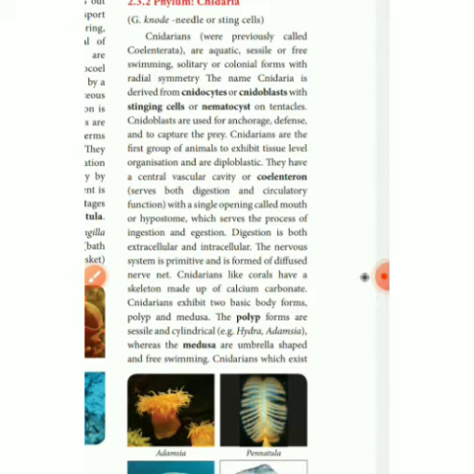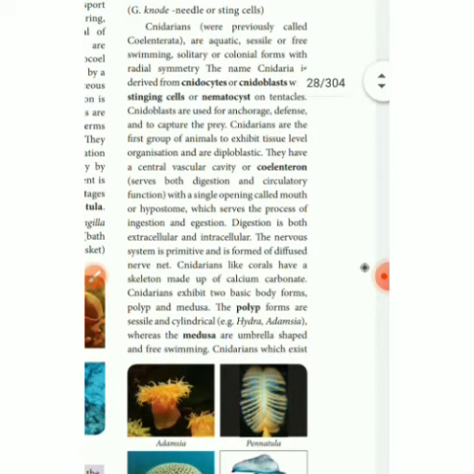They are not attached to anything, they are free swimming. They live in colony form, and they are solitary also. We see this type of animal in colony form also. They are radially symmetrical in nature. The name Cnidaria is derived from cnidocyst or cnidoblast, where stinging cells or nematocysts on tentacles are seen.